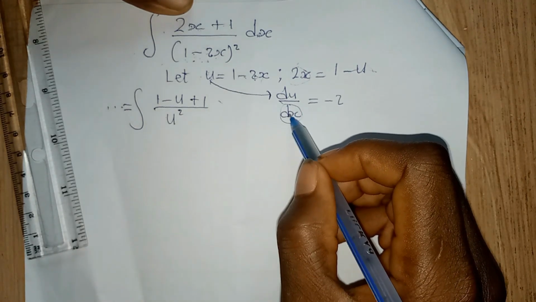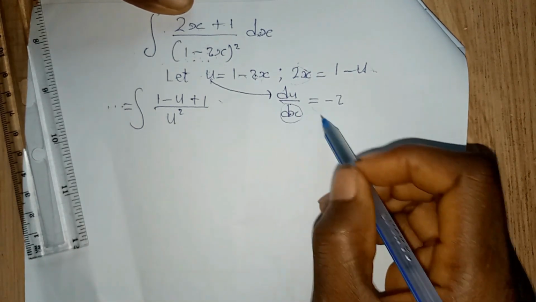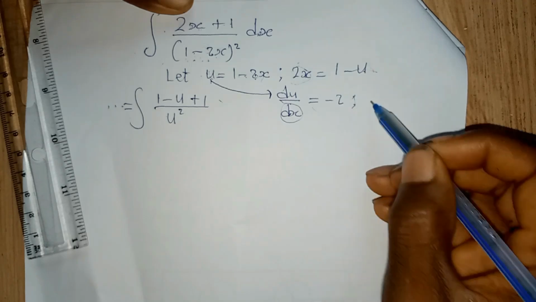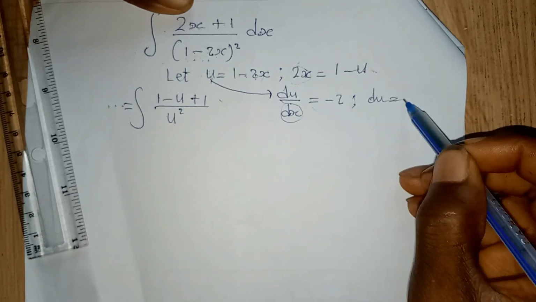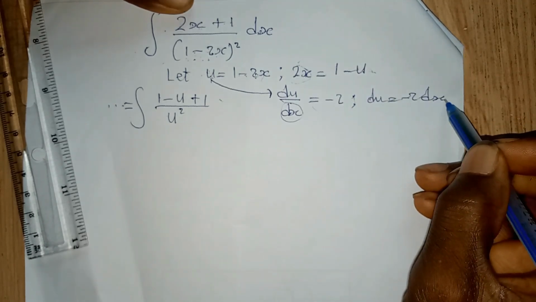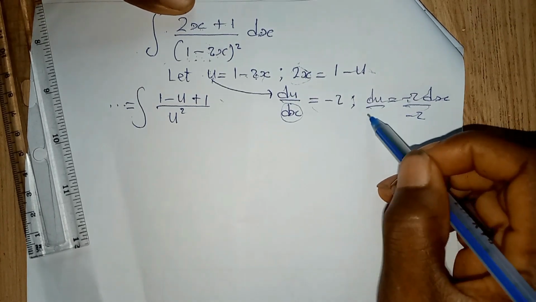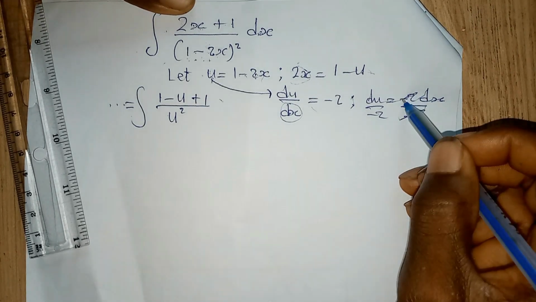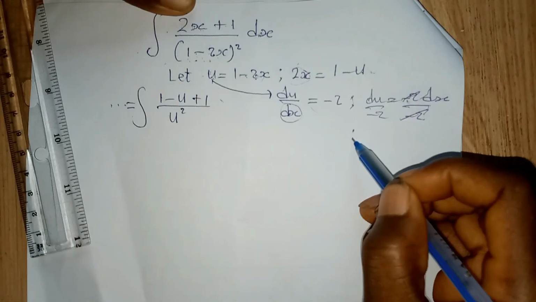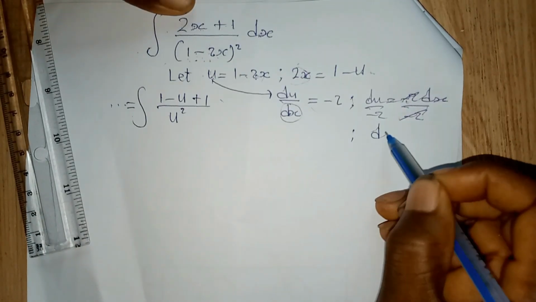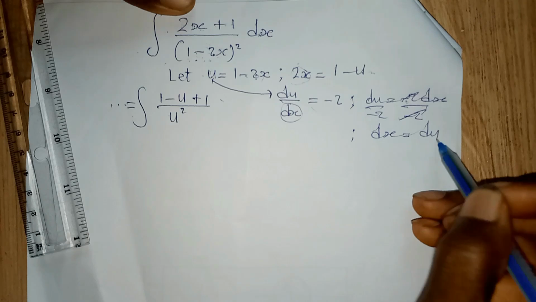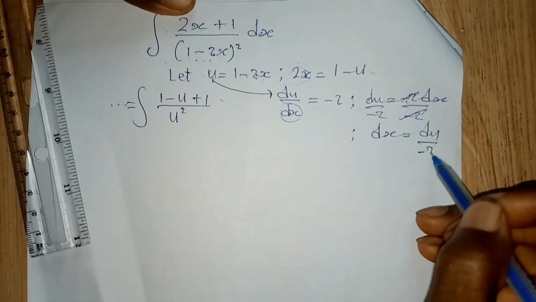So now, making dx the subject of the formula, you first cross multiply, so that I have du equals negative 2 dx. So for dx to stand alone, divide both sides by negative 2, such that negative 2 cancels negative 2 here. You now have that dx equals du over negative 2.